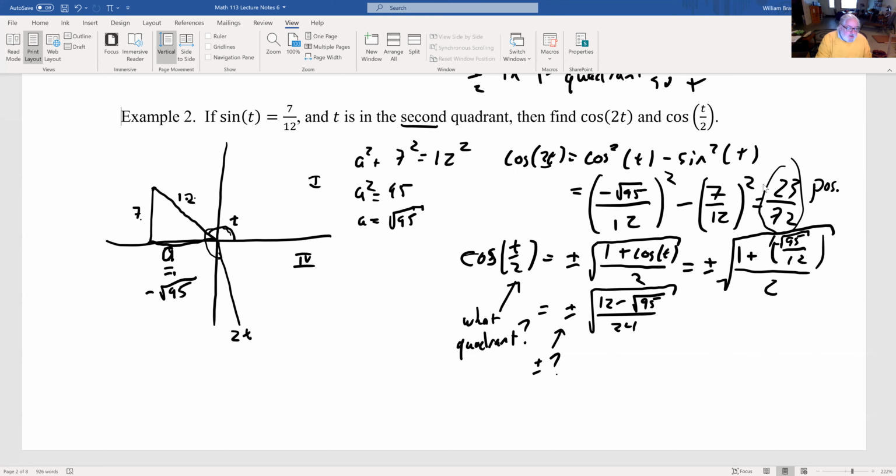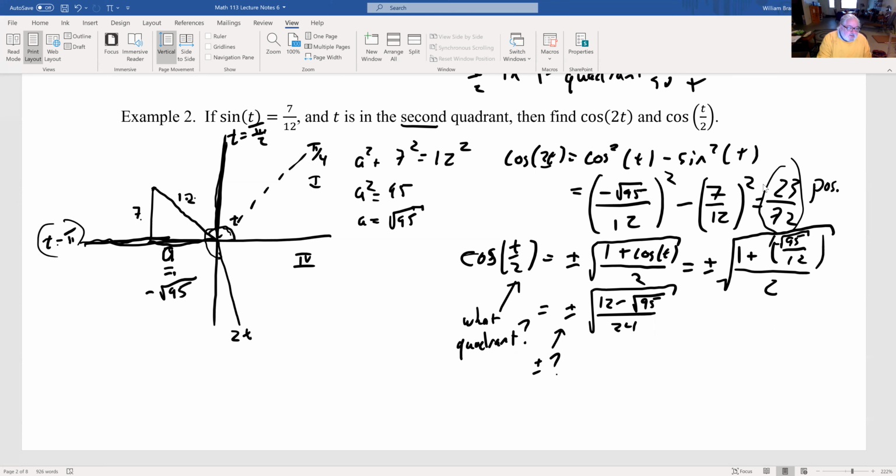Now, what we know about our quadrants here is that this is pi over 2, and this is pi. Now, if I cut these angles in half, pi over 2 becomes pi over 4. Half of pi is pi over 2.